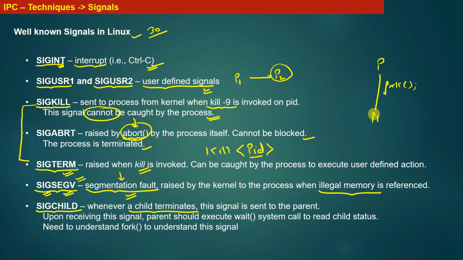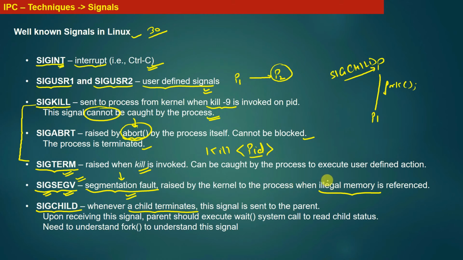This process P1 is said to be the child process of process P. Now it might be possible that the process P1 has completed its task and has chosen to terminate itself. So whenever a child process terminates before the parent process, a signal is sent by the operating system to the parent. This signal is the SIGCHLD signal.